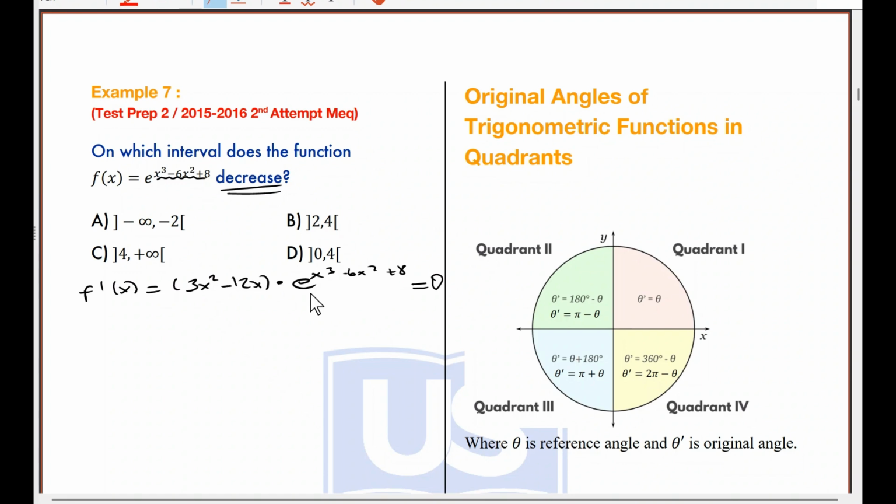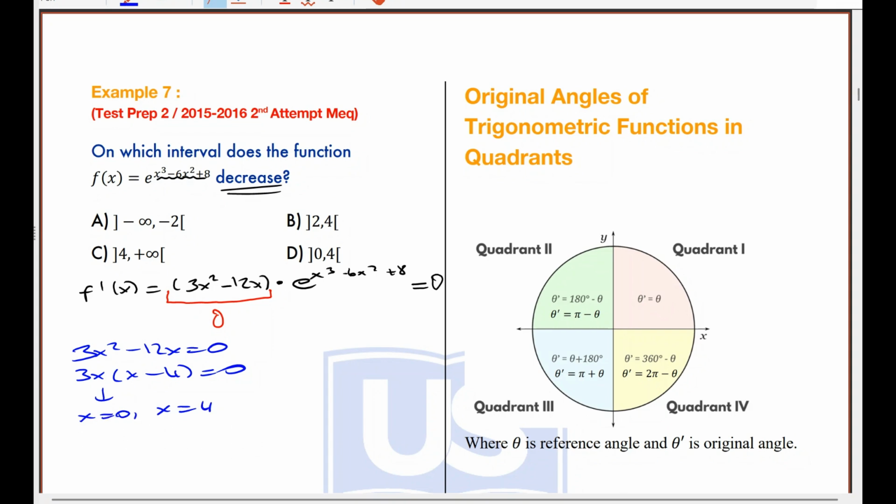It is never 0, remember, no matter what x value you put here, since the base is e. So you just equalize this factor to 0. If 3x squared minus 12x is 0, then take 3x out as a common factor. Then your x is 0 and 4.